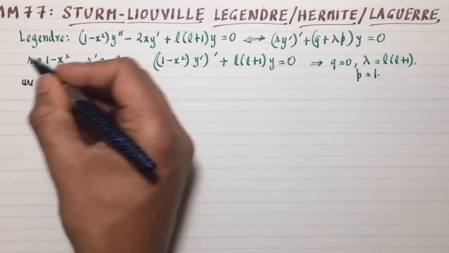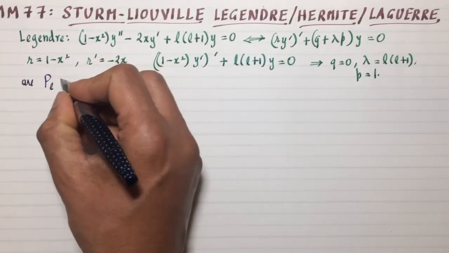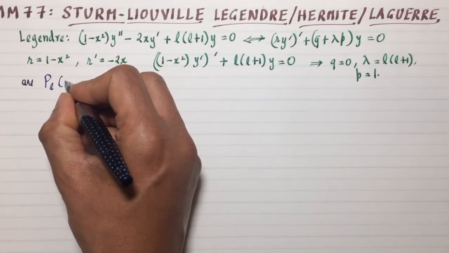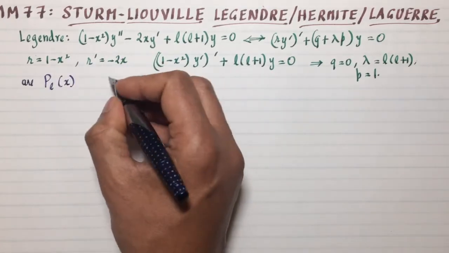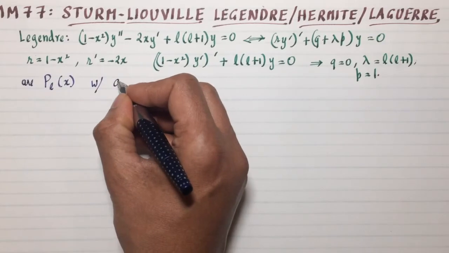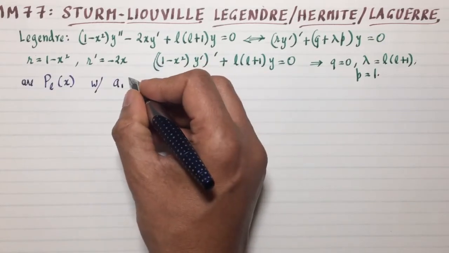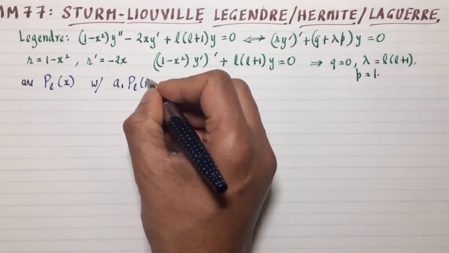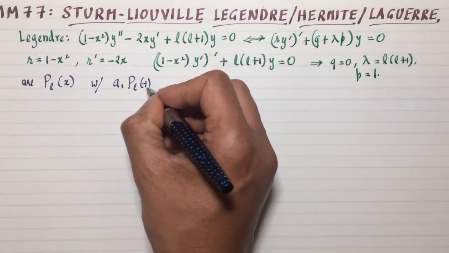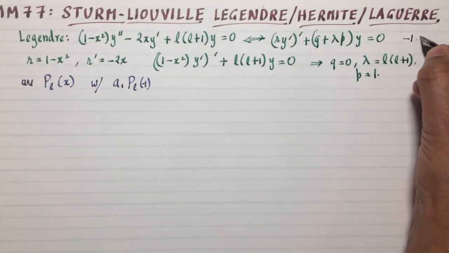are P_L(x) with the boundary conditions A1 times P_L. Actually, remember that you have this interval to be minus 1 to 1 for the Legendre polynomials.